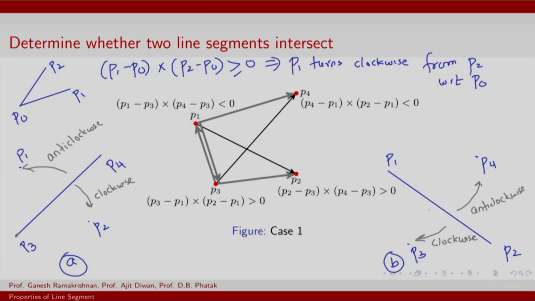It is also possible that the P1 and P2 get exchanged, in which case all we expect is one to be clockwise and the other to be counterclockwise. So what we are looking for in this entire process is the sign of P1 minus P3 cross product with P4 minus P3 to be exactly opposite of the sign of P2 minus P3 cross product with P4 minus P3.